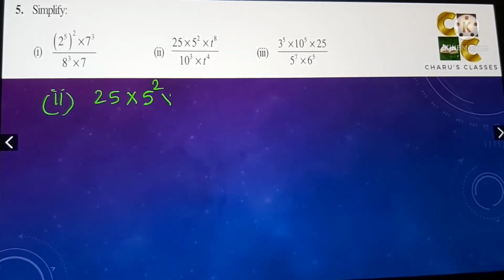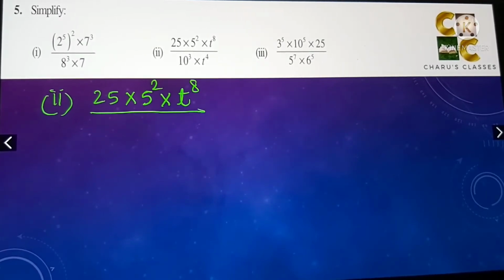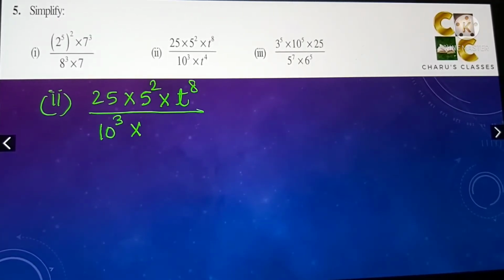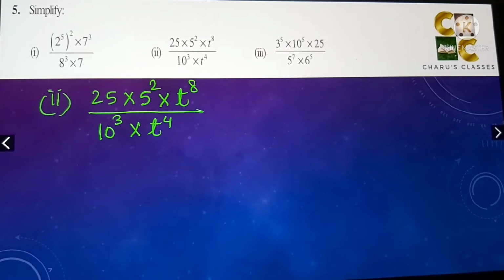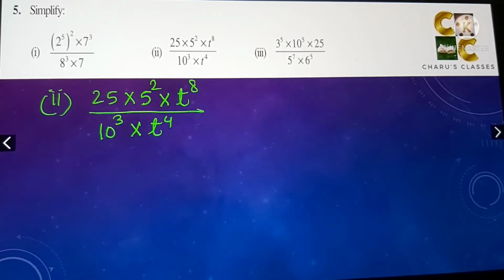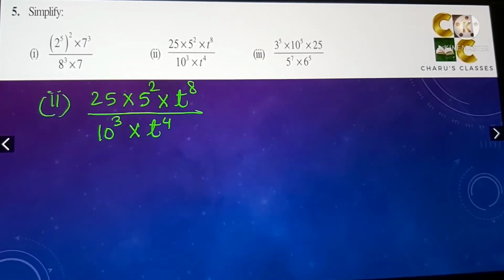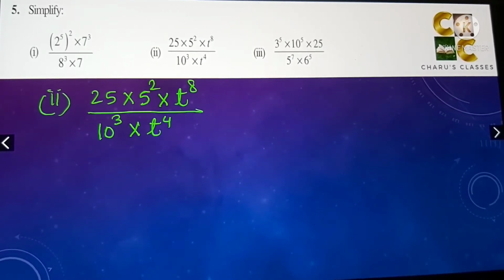Second part, 25 into 5 to the power 2 into t to the power 8 by 10 to the power 3 into t to the power 4. So there are two composite numbers here. We have 25 and 10, which we have to write in the form of their prime factors.